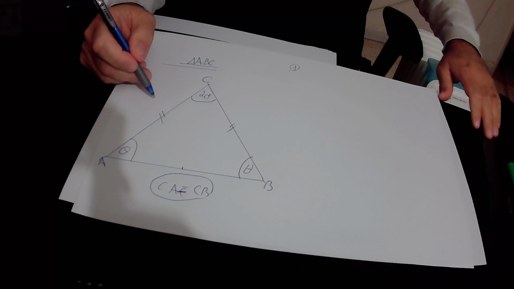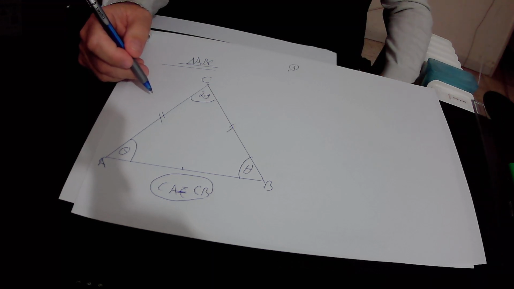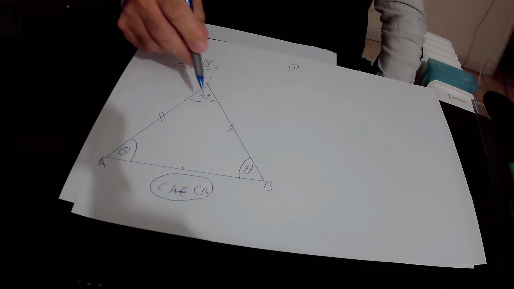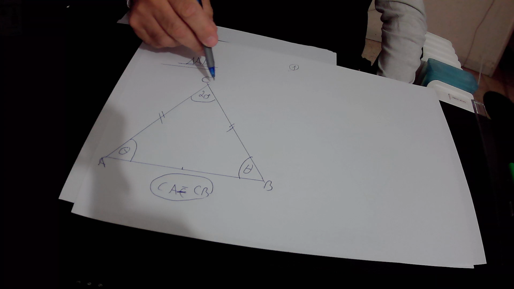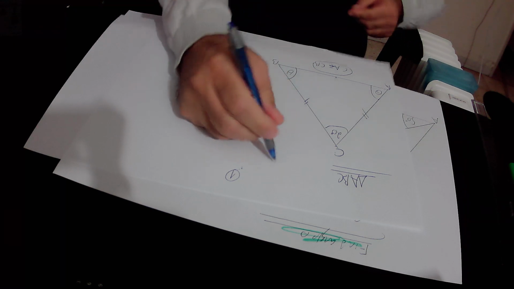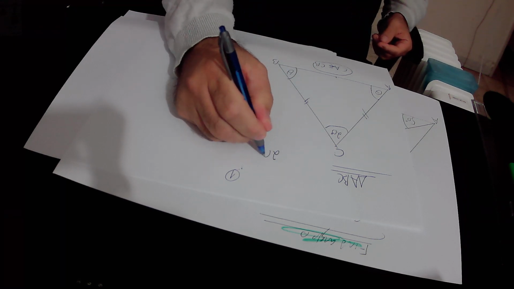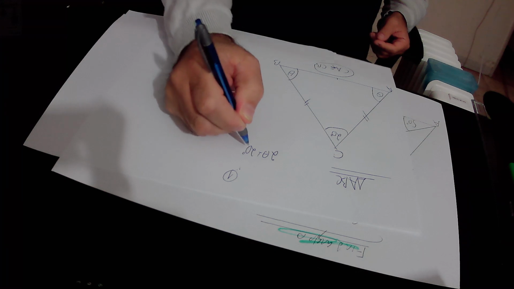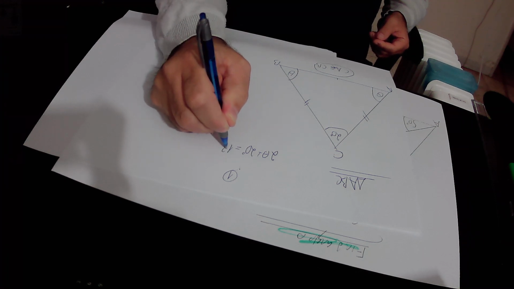And we also know that the sum of the angles in any triangle is equal to 180 degrees. That is to say, in triangle ABC, theta plus theta is 2 theta, so 2 theta plus 20 degrees equals 180 degrees. So we write it down. In triangle ABC, 2 theta plus 20 degrees equals 180 degrees.